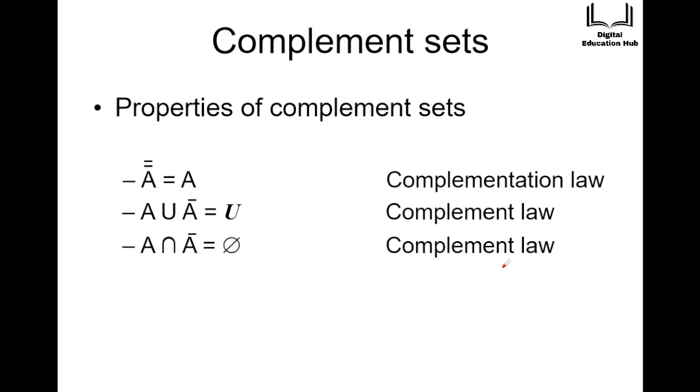Similarly, if I take set A intersection with its complement, that would result in a null, because nothing is going to be common between set A and its complement. Okay, this is also called the complement law. Now we have the set identity concept.